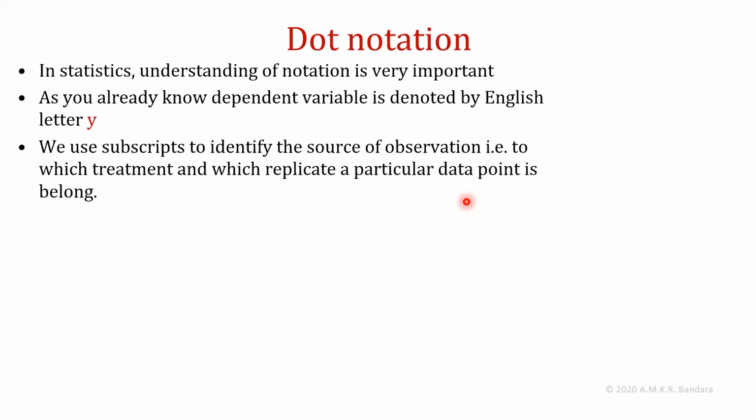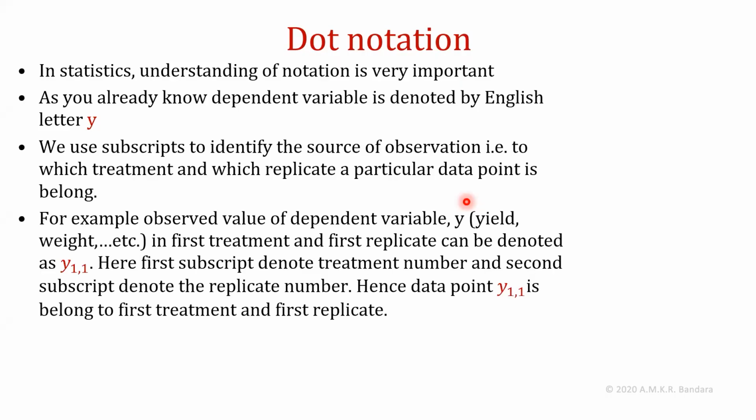We use subscripts to identify the source of observation, that is, from which observation a particular data point is coming. For example, the observed value of the dependent variable, that is y, it may be yield, weight or anything, in the first treatment and first replicate, we can denote it as y11.